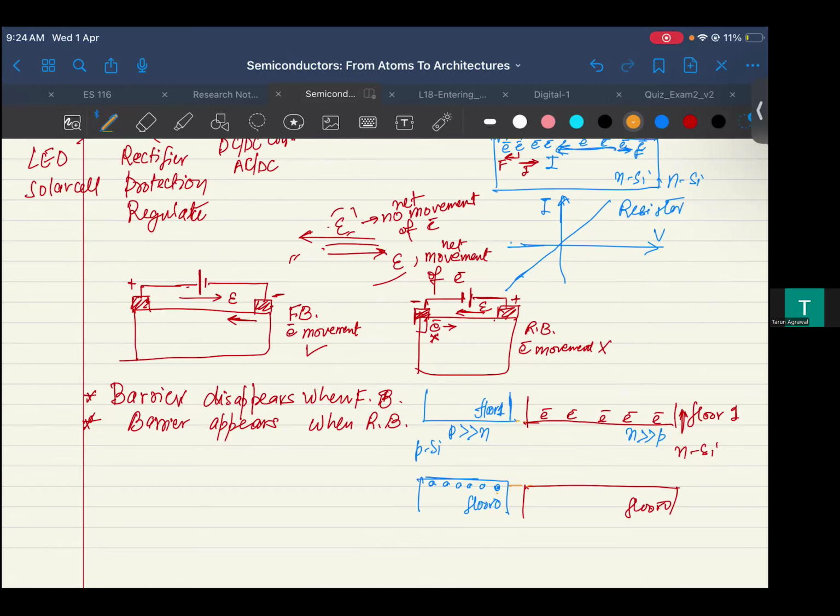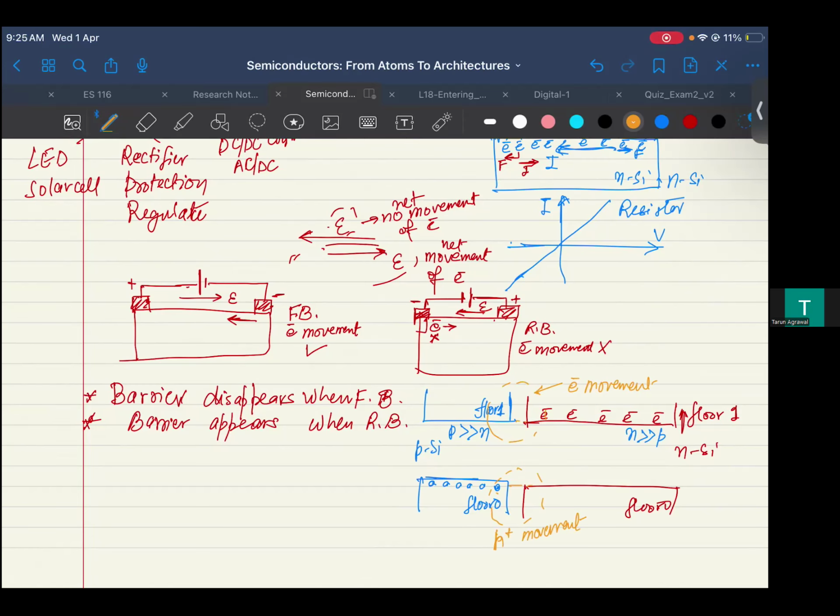And why would they go? What would be the reason? If there is an electron movement from floor 1 of this semiconductor to floor 1 of this, think about it. We will talk about it in another video when we talk about the physics. There's a whole movement, but we have talked about the basics of it. The hint is to look at the diffusion video, where we talked about this. The whole movement would happen to floor 0 if we combine this.